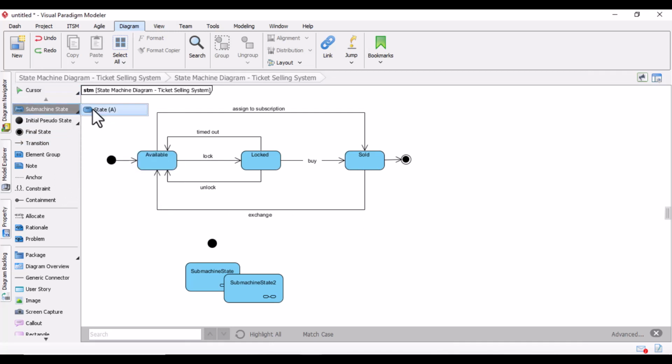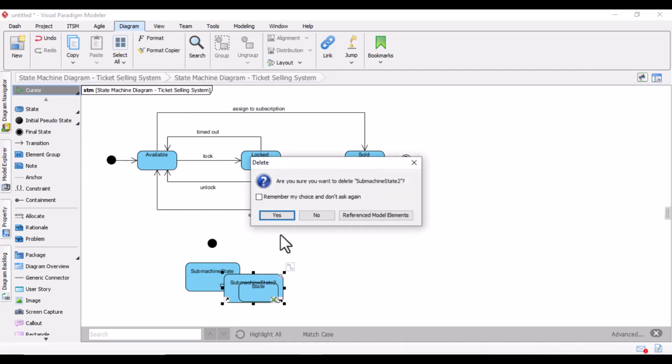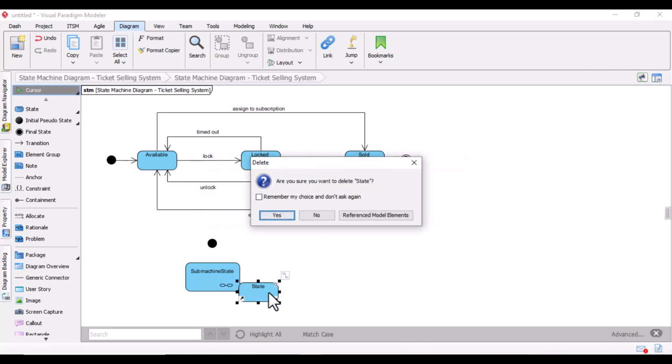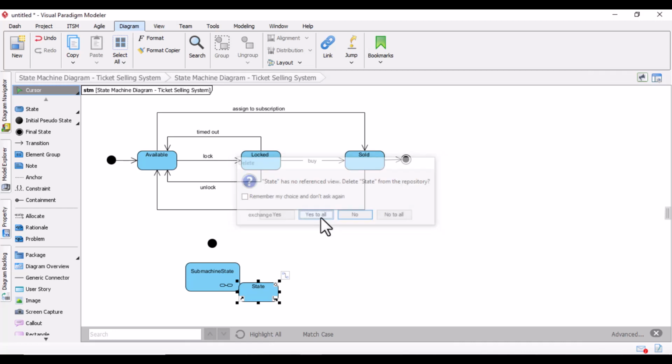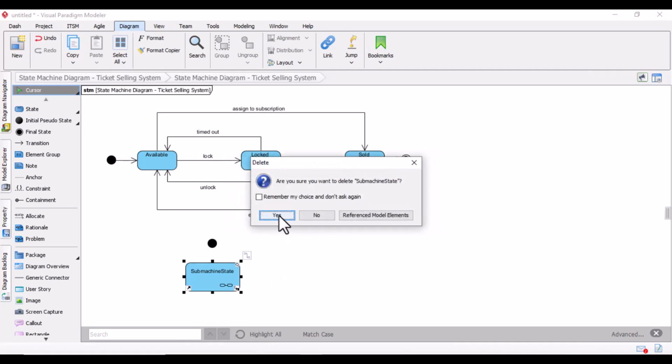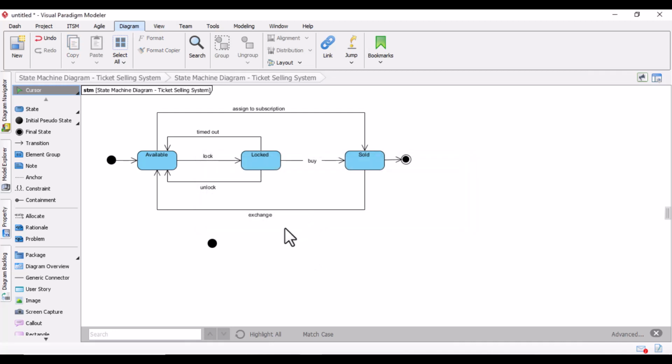Sorry, yeah, this is the state one and I don't need this. I was trying to draw a state of on and off. Just let me make it clear. I'm not writing the submachine state at the moment. I am just creating a state. So one state, and I will create another state.